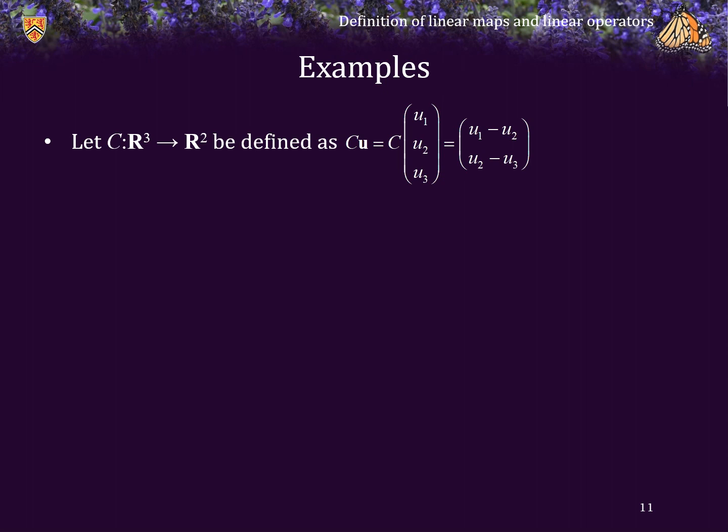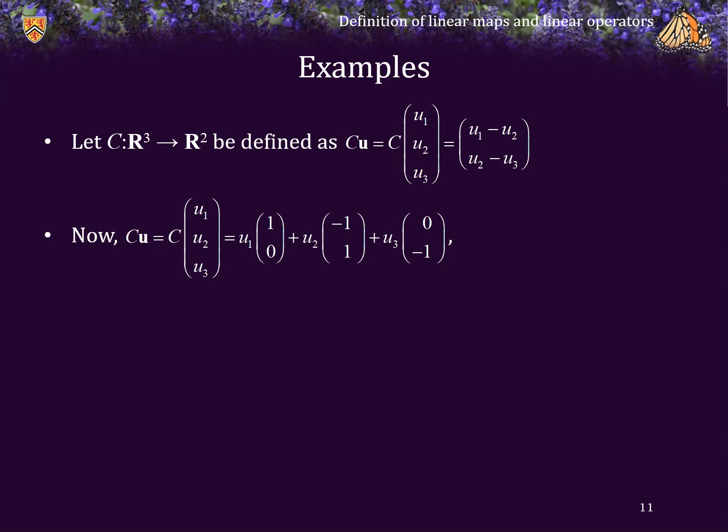Now, let C be this mapping from R3 to R2 defined as C applied to this three-dimensional vector equaling the vector u1 minus u2 and u2 minus u3. Is this a linear mapping?